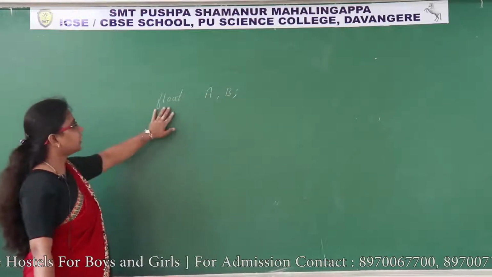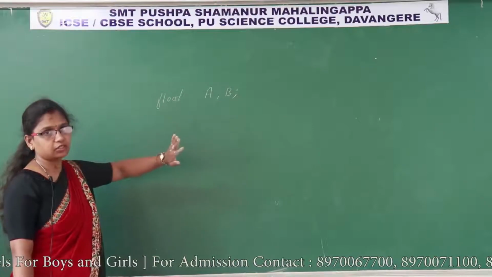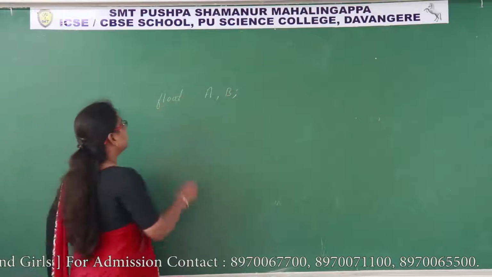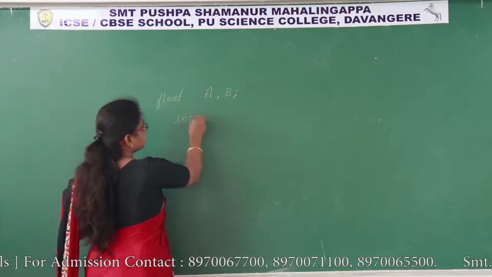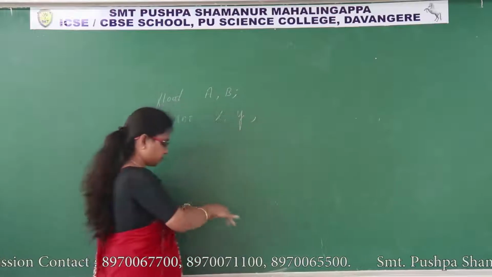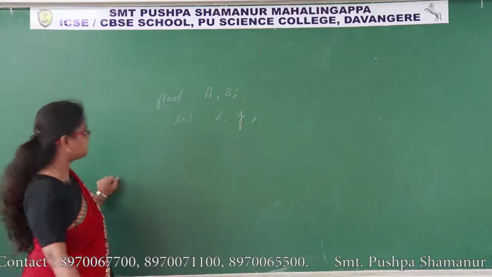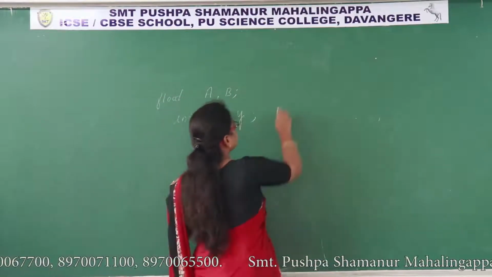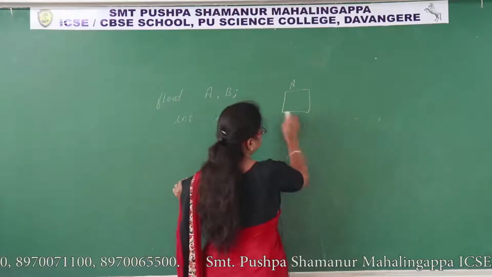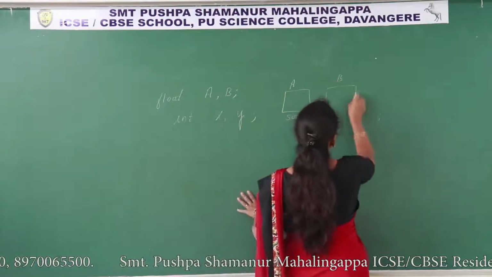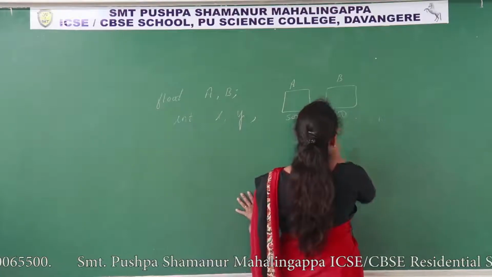What happens when we write this kind of declaration? If you want to store two floating numbers, we will write float A, comma B. If you want to store two integers, int x, comma y. Then there are two integer variables. Here for A, I'll consider the address is 500, and for B, address 700.